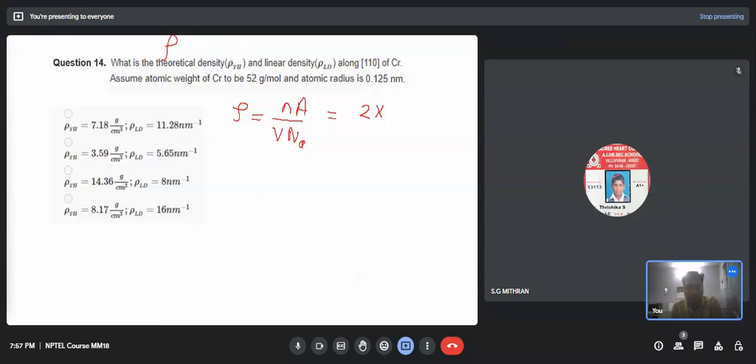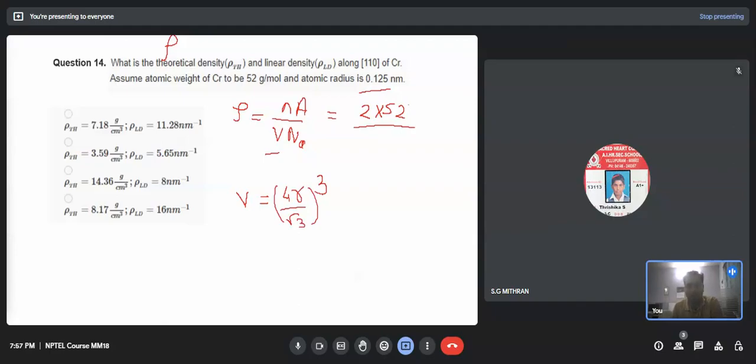A will be given here as atomic weight, that is 52 gram per mole. And what else is given? Radius is given. So radius we can convert into volume. How? We know that for BCC we have already shown that a is 4r upon root 3, whole cube.